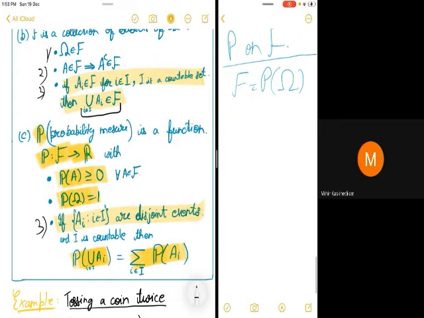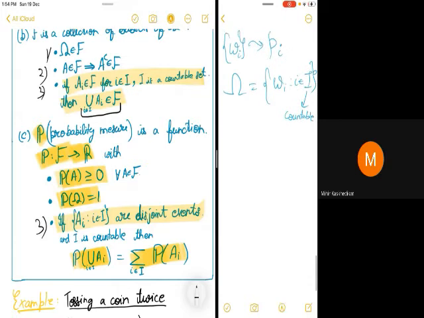Consider a subset of omega which is just the set containing a single outcome omega, and let the probability of this be p_i. Since capital omega is countable, we can index it by I. Let capital omega be the set of small omega_i such that i belongs to I, capital I, and this is countable.